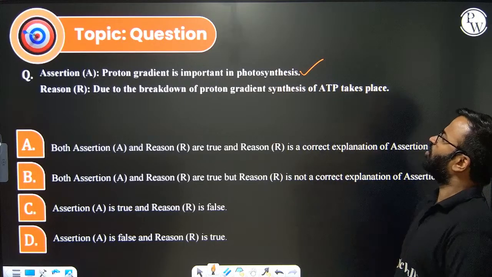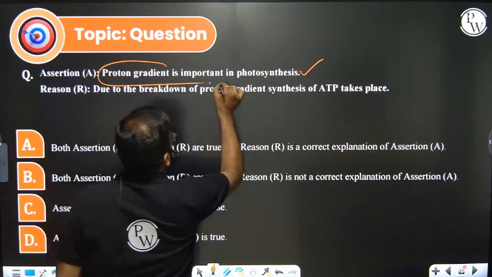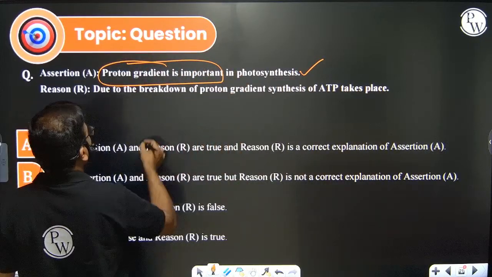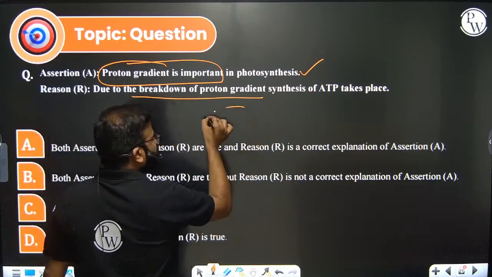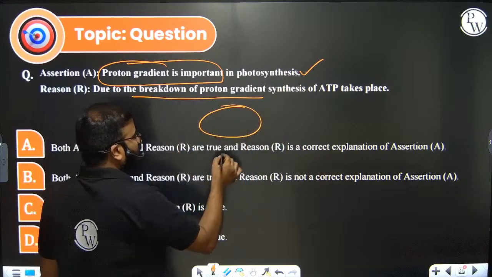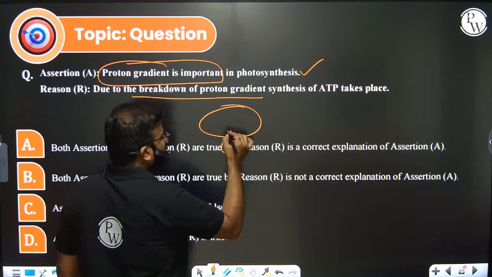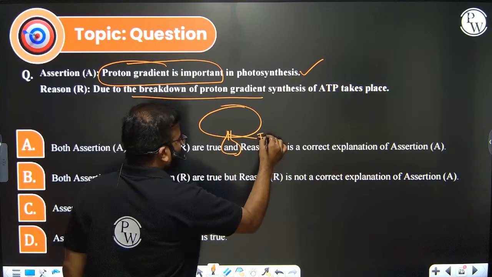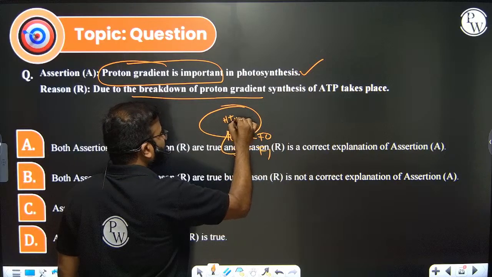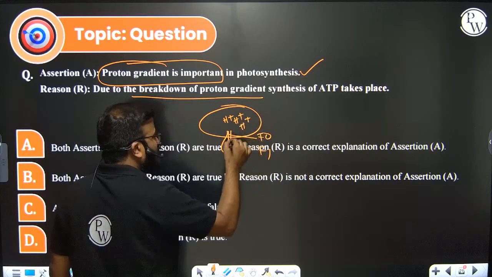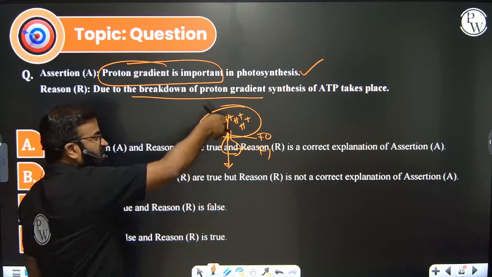Due to the breakdown of the proton gradient, why is it important? Imagine this is your lumen of thylakoid, and this is your ATP synthase complex. This is your F0, this is your F1. The proton gradient created within the lumen of the thylakoid passes through the ATP synthase, especially the F0.